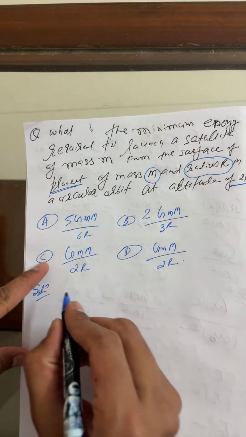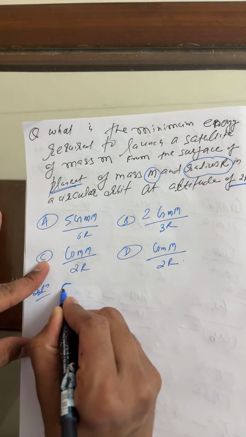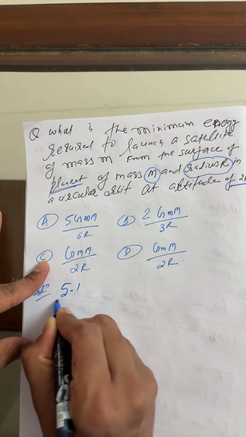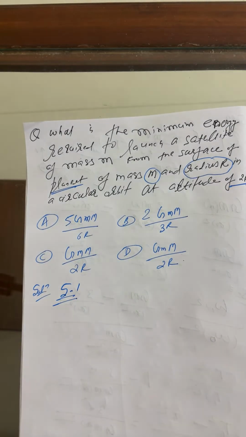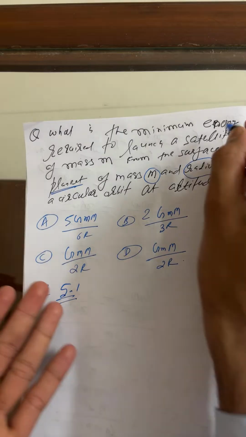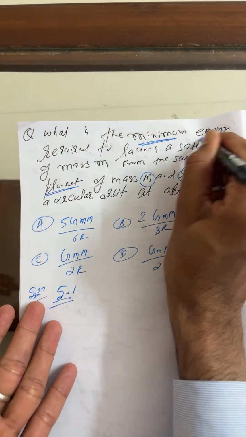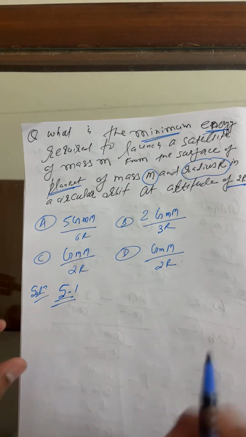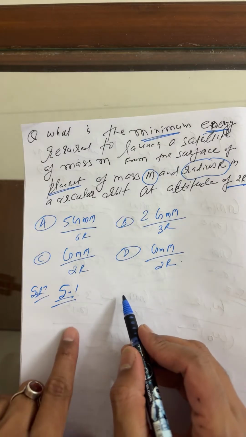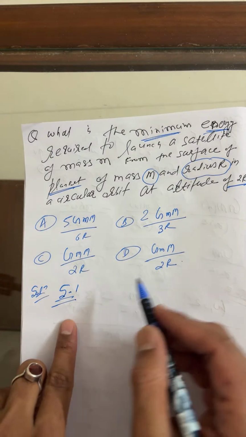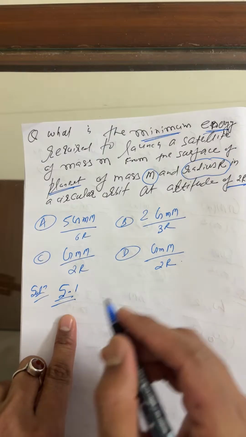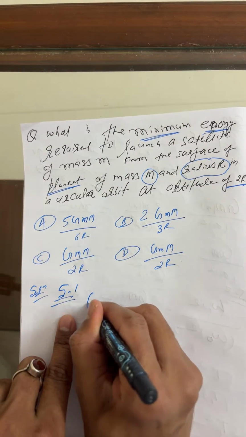But what's the thing you can keep in mind? First, in step one, what is the formula of gravitational potential? Because they are talking about minimum energy.